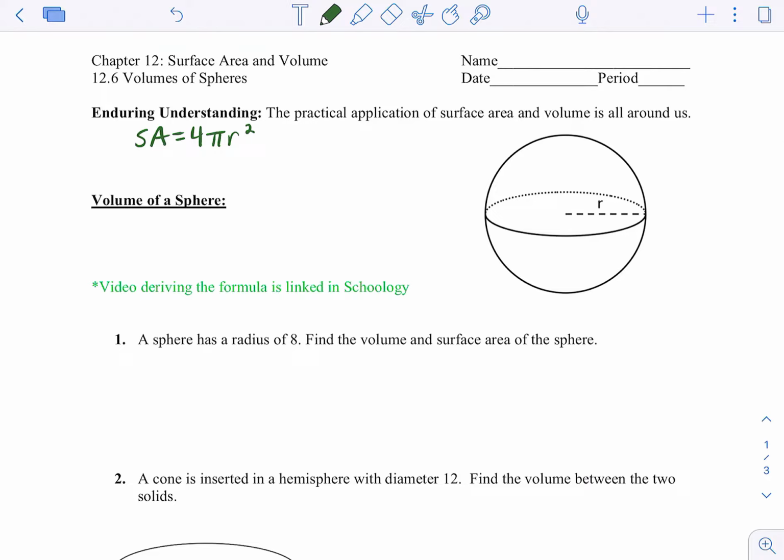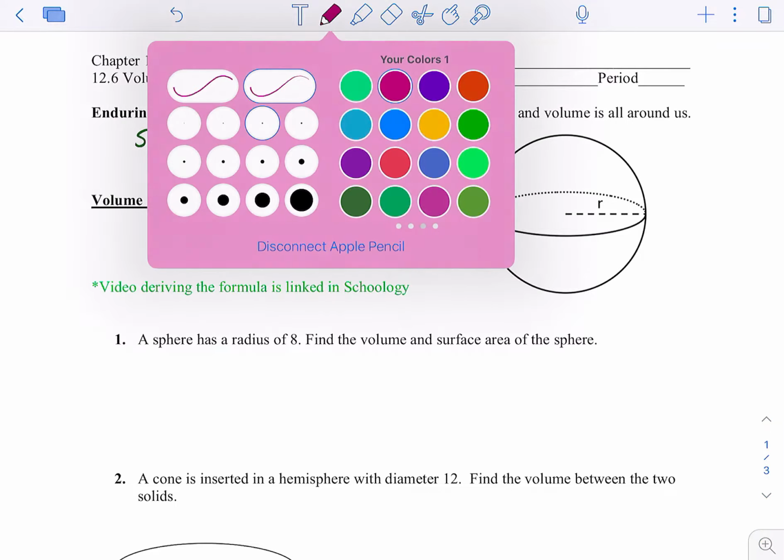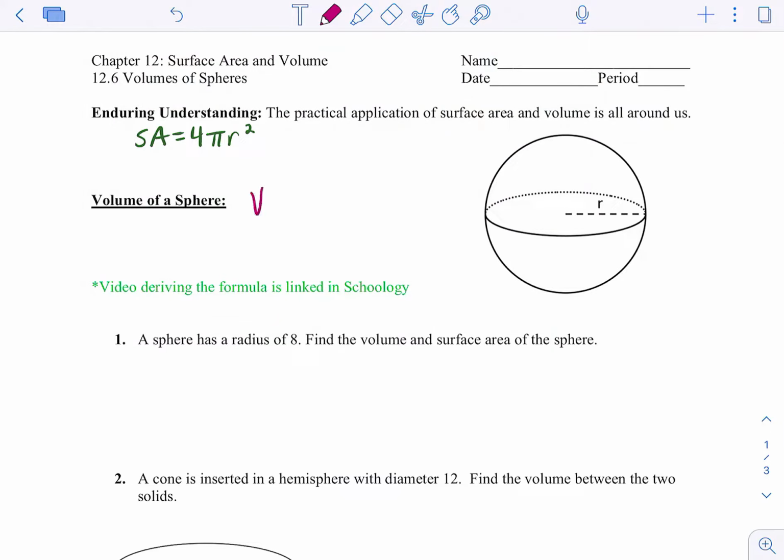A sphere is a round ball that is made up with a radius from the center to any point that we choose on the sphere. And so here's what our volume relationship for a sphere is. Here is our formula. The volume of a sphere is going to be equal to 4/3 pi r cubed.